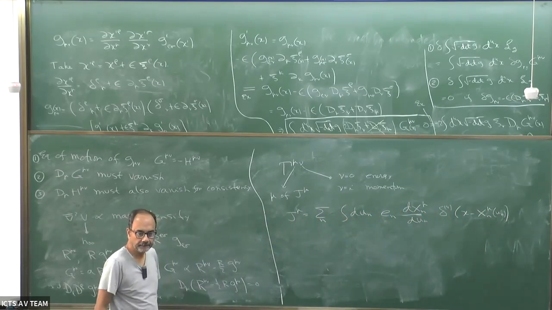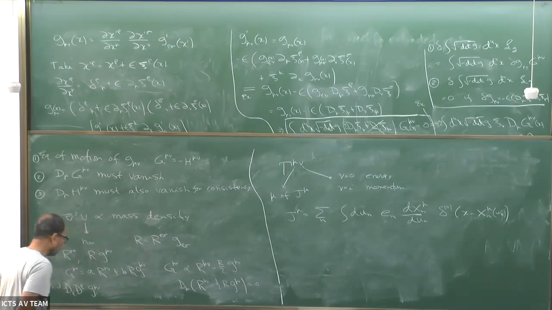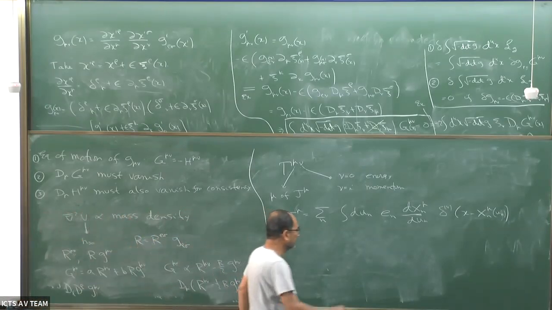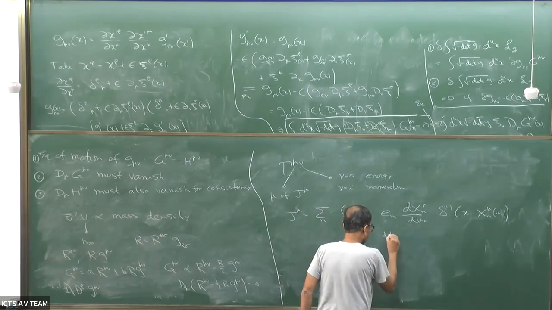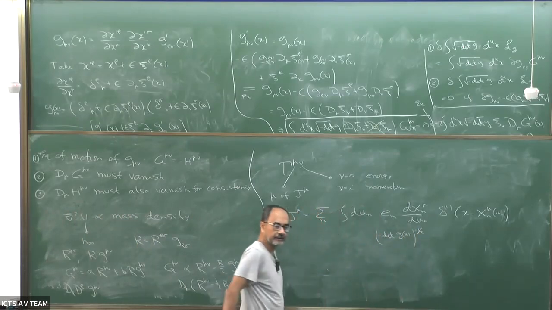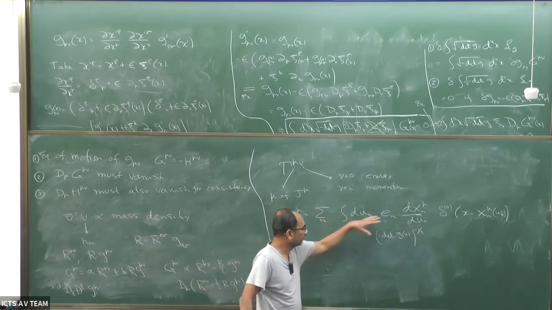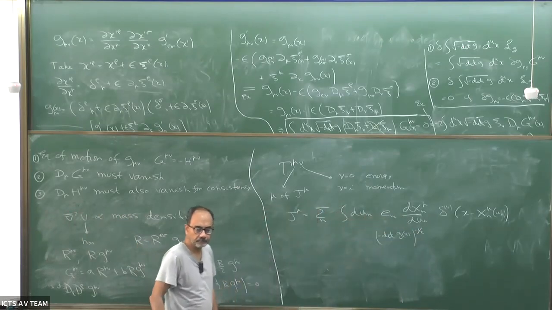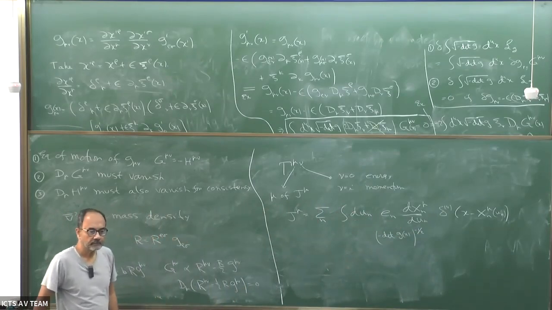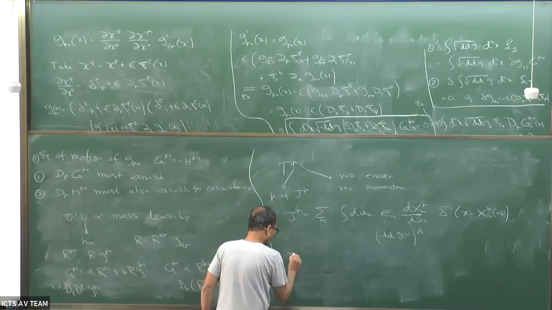Yes, I have to put the minus determinant of G of x to the minus half. This I can take outside also. It doesn't matter where I write it. This is the charge current, J mu. So I want to construct T mu nu.